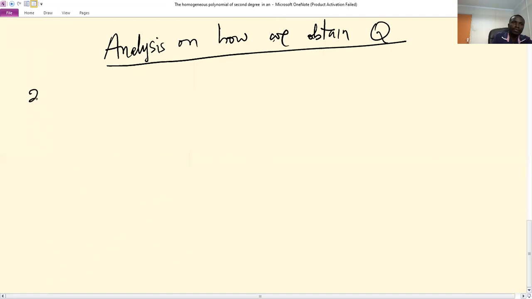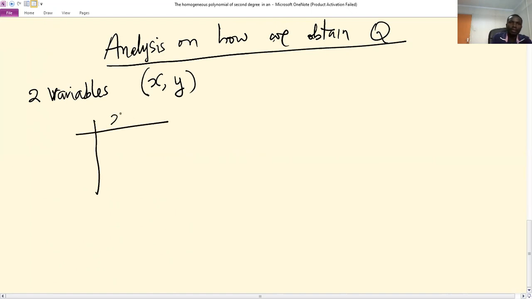Let's start with the case of two variables, x and y. Then you can draw a table with x, y, and write here x, y. Now you fill this sample space.